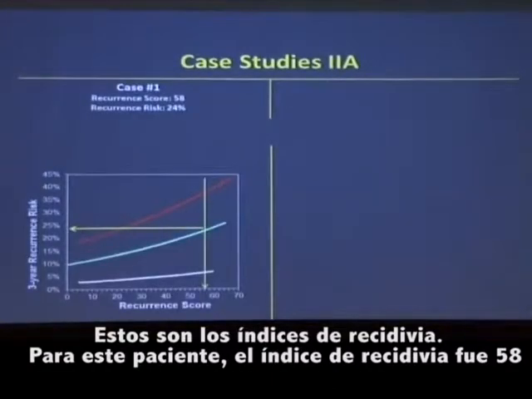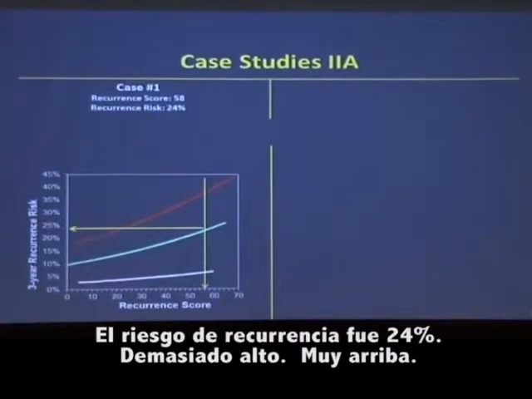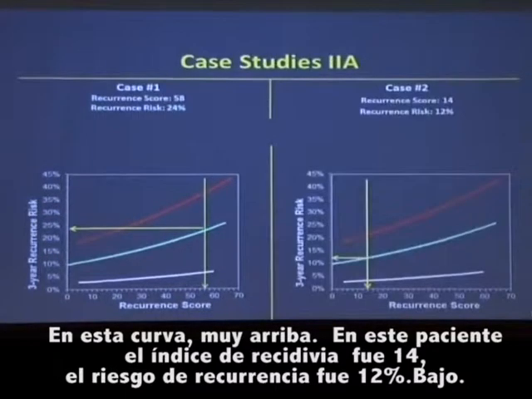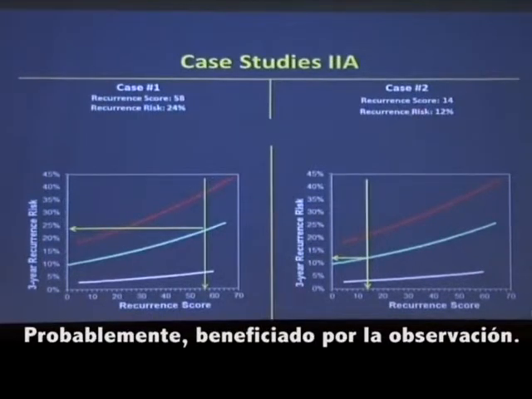So for that patient, recurrence score was 58. Recurrence risk was 24%, too high, okay? Way over here on this curve. On this patient, recurrence score was 14. Recurrence risk was 12%, low, okay? Probably benefited by observation, okay?